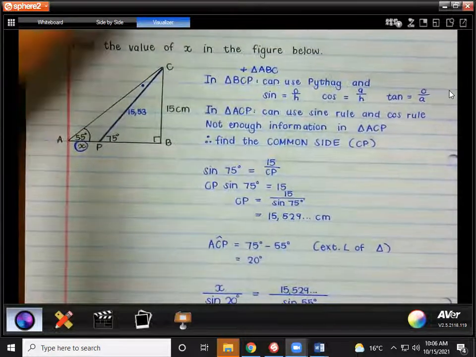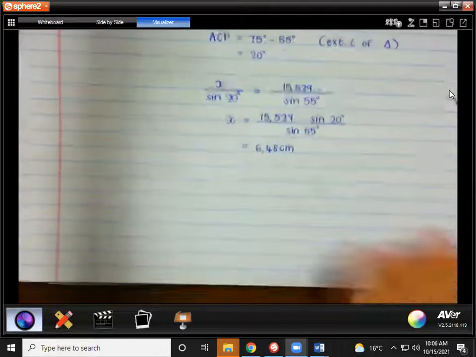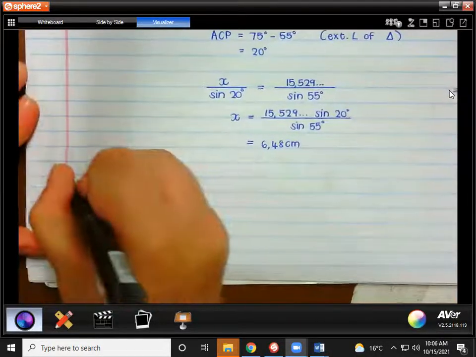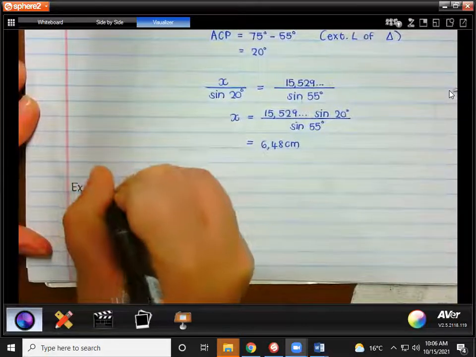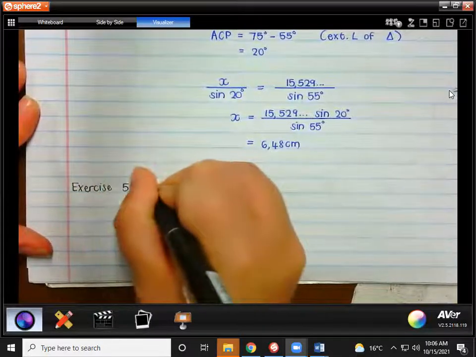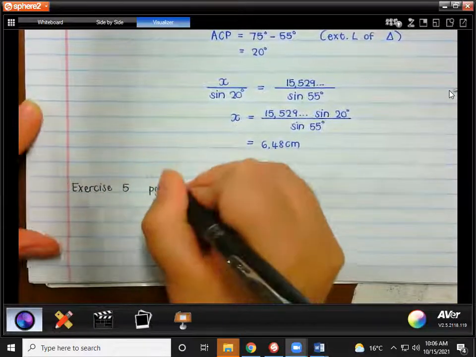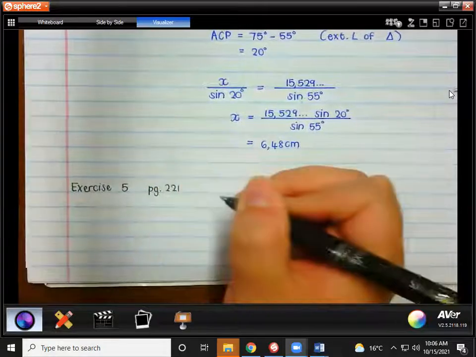Okay, guys, you are going to work on exercise 5 in the textbook. It's page 221.